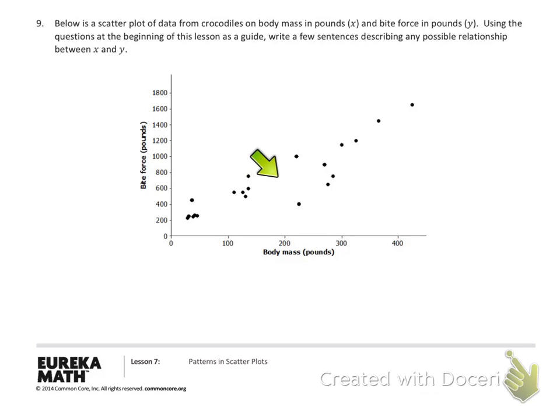It appears that as body mass increases, the bite force increases. So we could say there appears to be a positive linear relationship between body mass and bite force. Something to that effect. And then to clarify it, as the body mass of the crocodile increases, the bite force increases at a constant rate. Okay, so positive linear relationship.